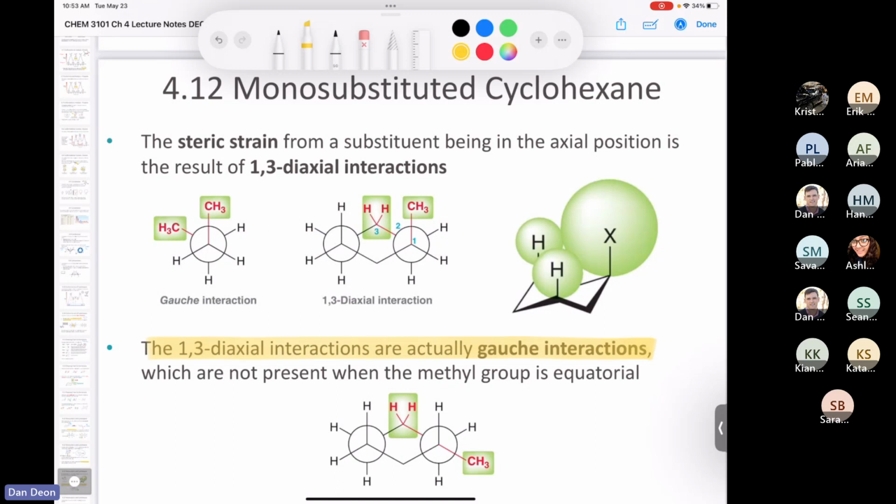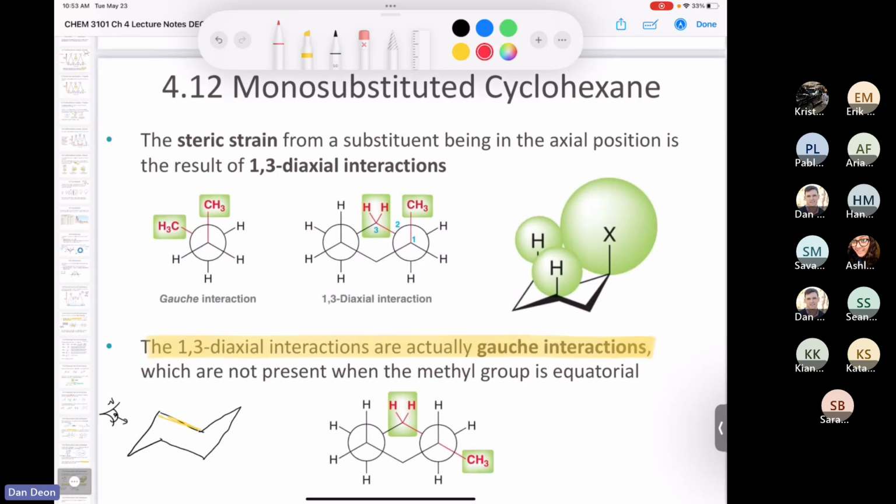If you were to look down one of the carbon-carbon bonds of a cyclohexane, or two of the carbon-carbon bonds, let me just draw a chair over here. Mr. Dion's, I have a hard time drawing in the corners of the iPad. So you drew a chair like this, and you're looking down this bond and this bond, the one in yellow and the one in red.